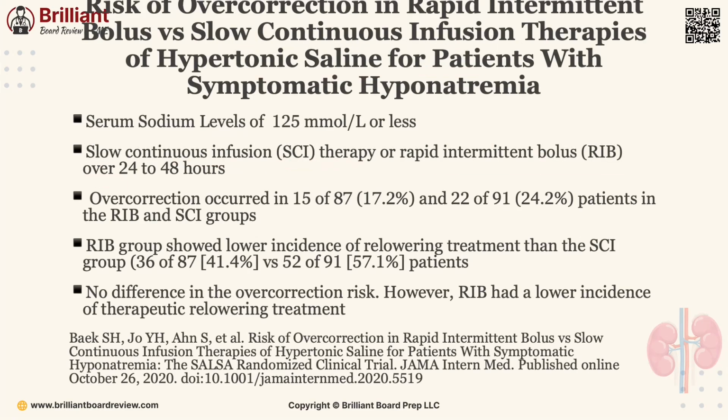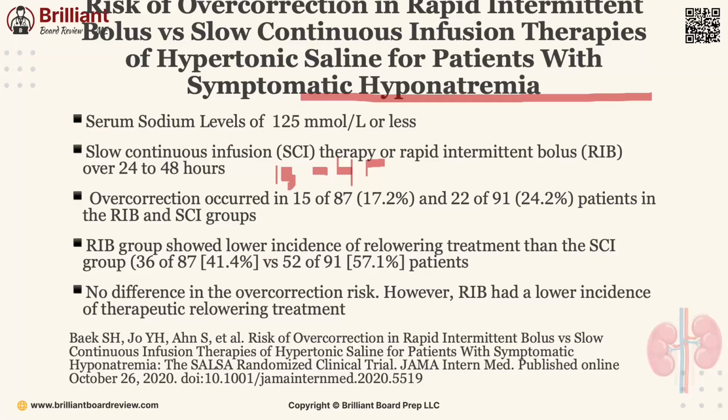Risk of overcorrecting: rapid intermittent bolus versus slow continuous infusion therapies of hypertonic saline in patients with symptomatic hyponatremia. All right, in this discussion, there are different ways you can correct hyponatremia. You can use hypertonic saline, usually 3% saline, and you can do it continuously, usually 15 to as high as 45, and you do it slowly.